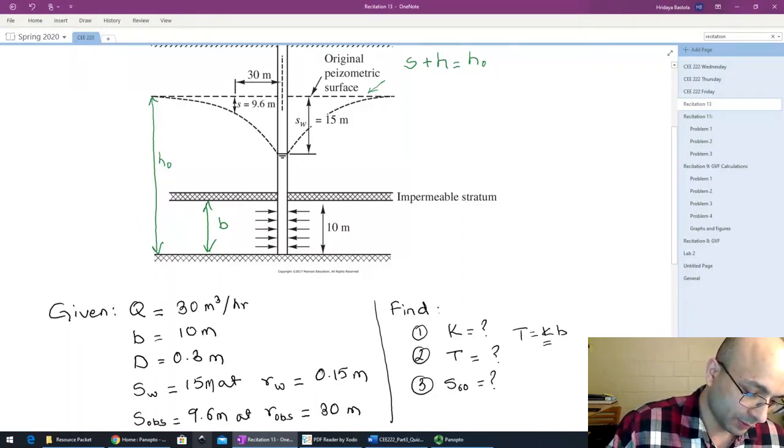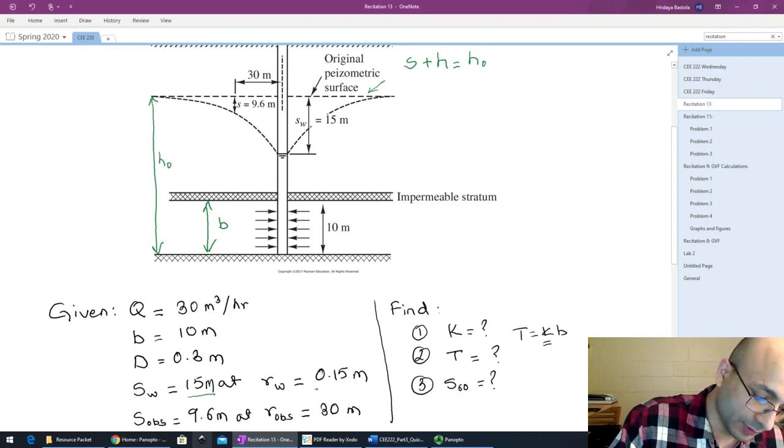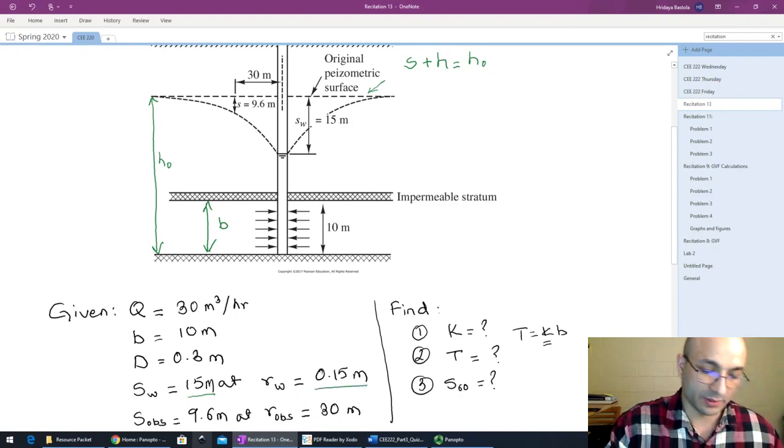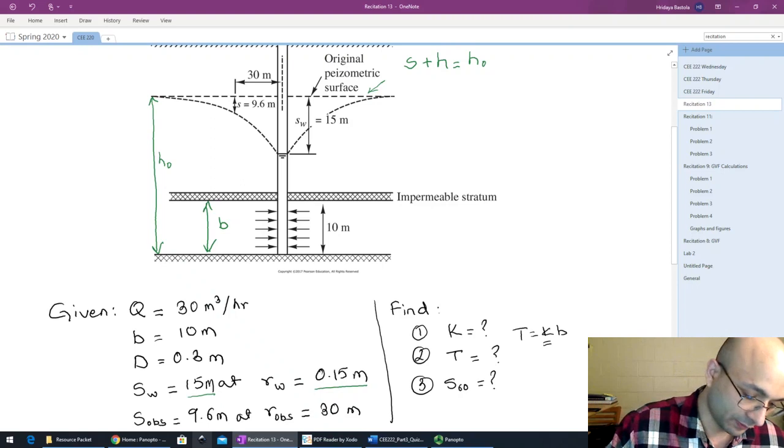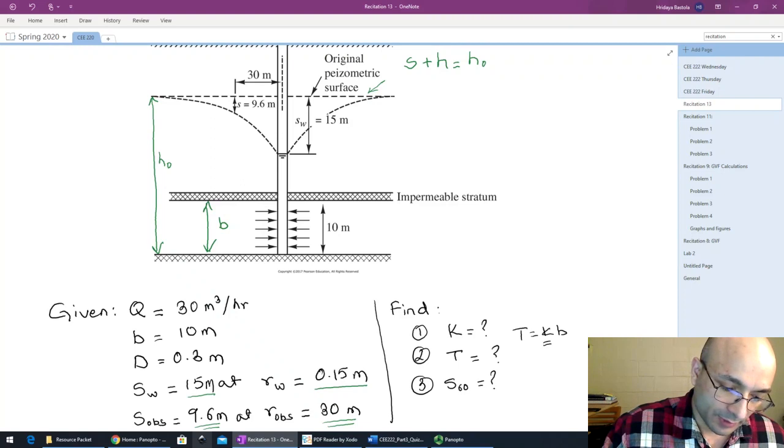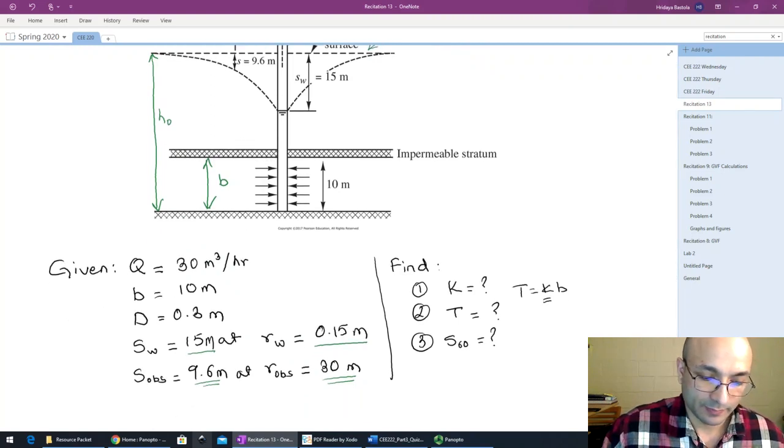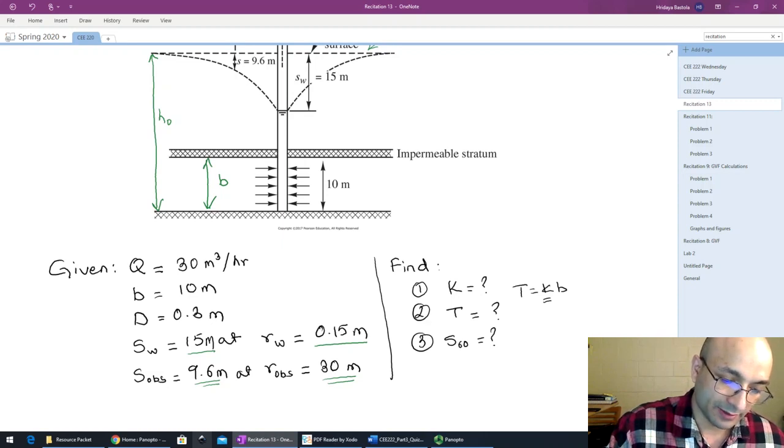We also know that there is a drawdown of 15 meters in the well, which is a distance of 0.15 meters from the center of the well. The drawdown at a distance of 30 meters from the well center is 9.6 meters. With this, we'd like to find out the hydraulic conductivity K for the aquifer.